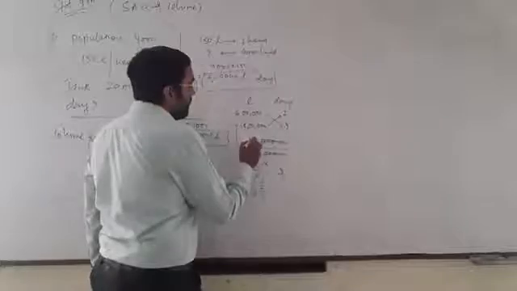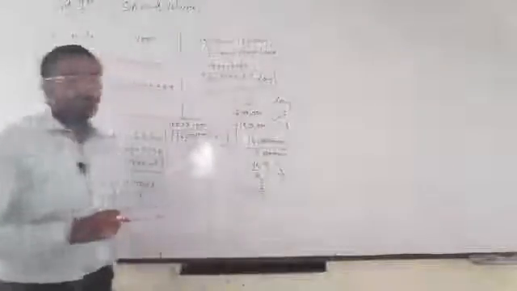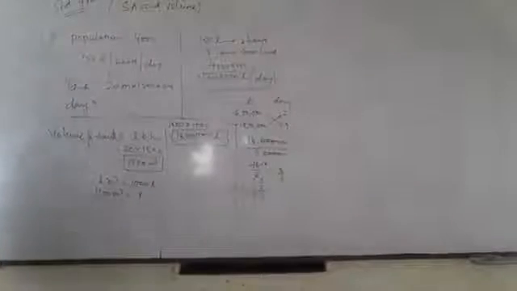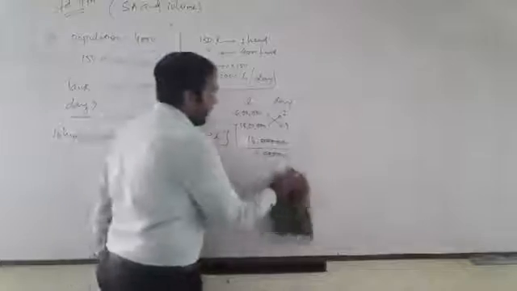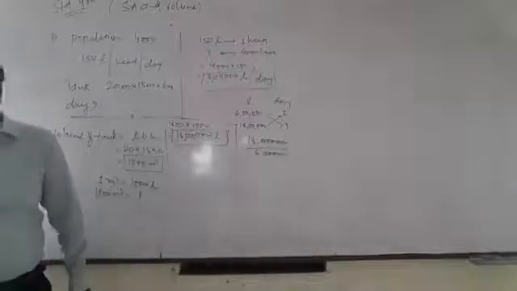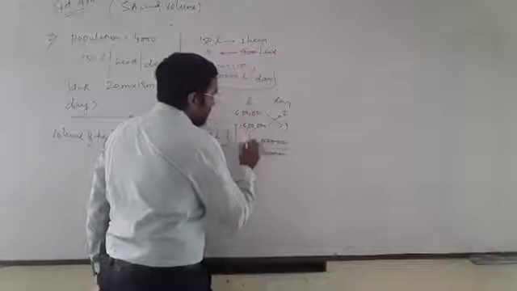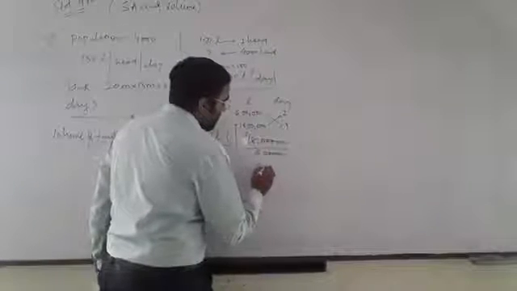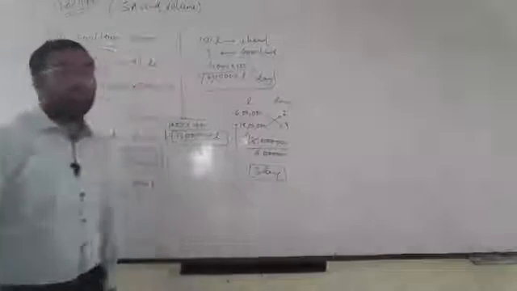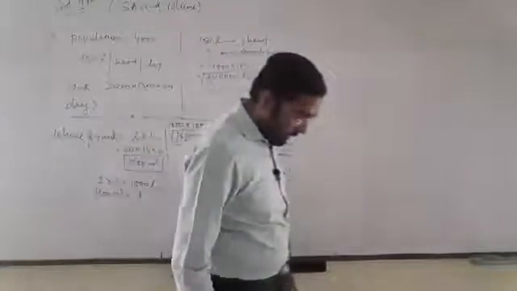For that, now we cancel out, 6 3s are 18. So 3 days are required to empty the tank for the given population. Okay, clear students?